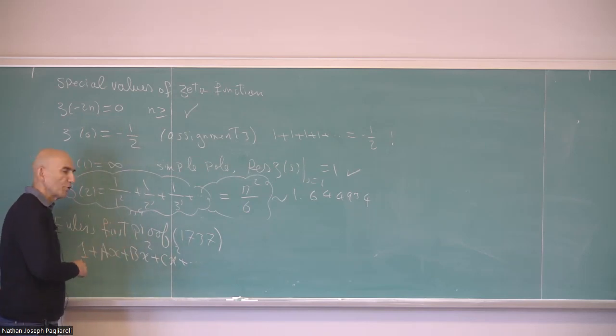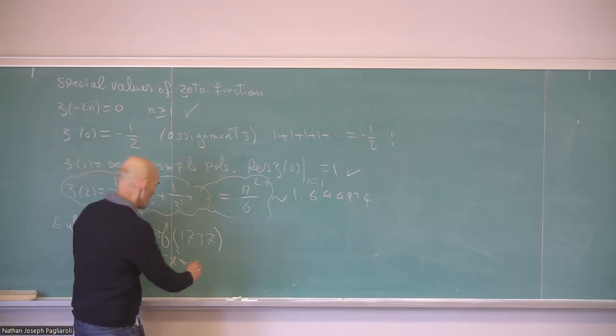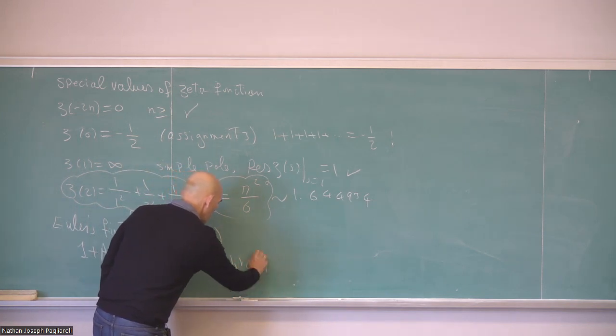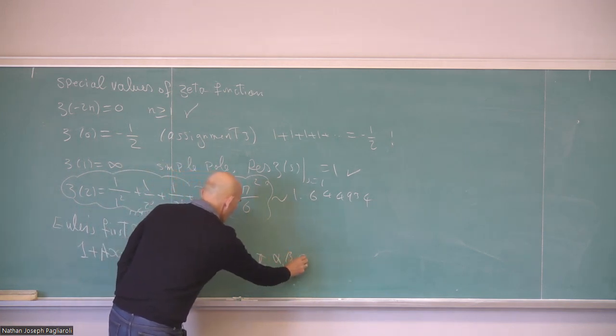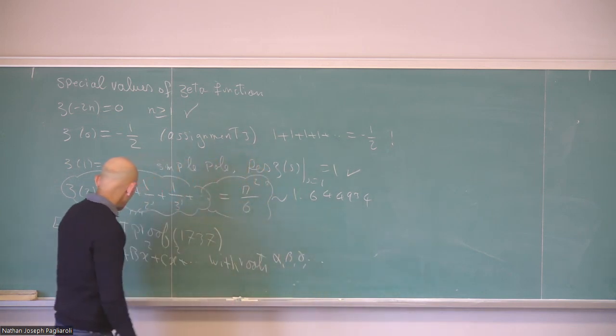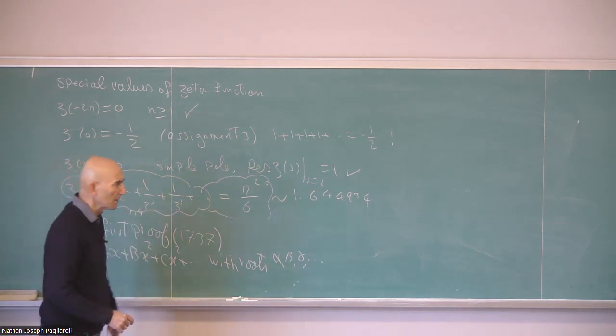Imagine this polynomial has roots alpha, beta, gamma, and so on. Then you can factorize the polynomial into a product of these factors.